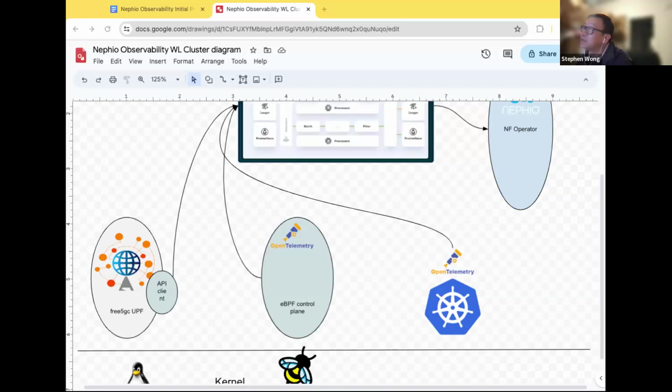And I agree that when we started, the idea was that the NF operator at the very least would be controlling the NF config, the configurations of the network functions. So today you can break it down: the NF operator is just listening to the NF deployment and then sending out different tasks to different entities.